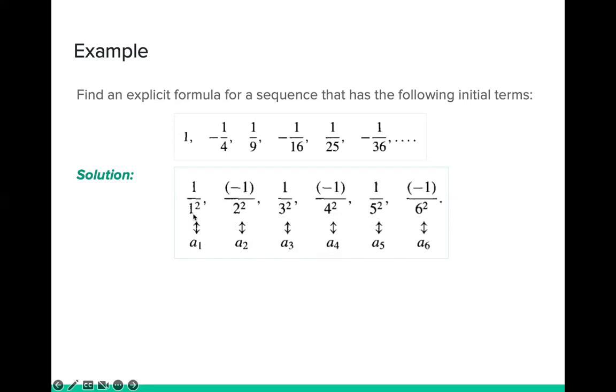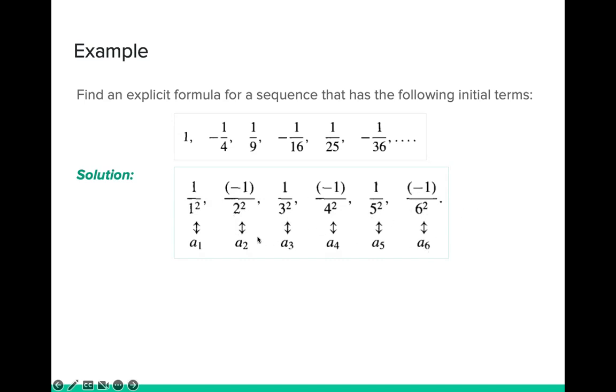We also notice that the denominator of each term is a perfect square. 1/1 squared is basically 1. 4 is a square of 2. 9 is a square of 3. 16 is a square of 4, and so on.